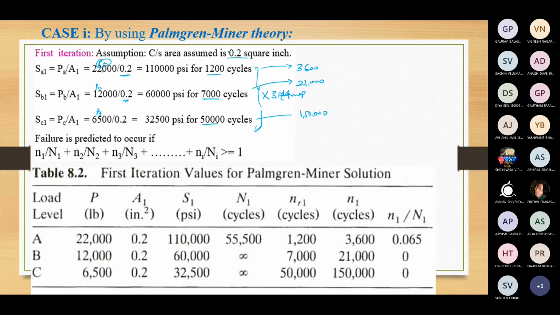Therefore, if we use this number of cycles altogether, 3 times, it doesn't matter when you are using the Palmgren-Miner linear rule. But if you are using other rules, it does matter. This we have discussed in theory, why the Palmgren-Miner rule does not take the sequence effect. Then one more non-linear theory I will discuss if time permits today, where sequence effect can be considered.